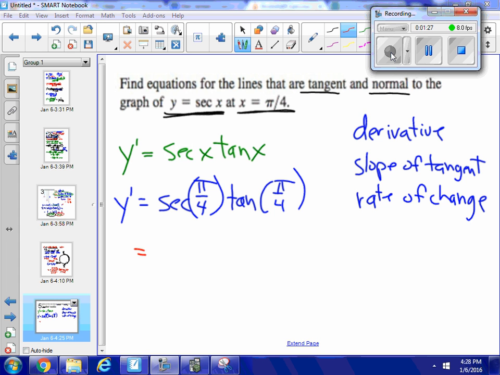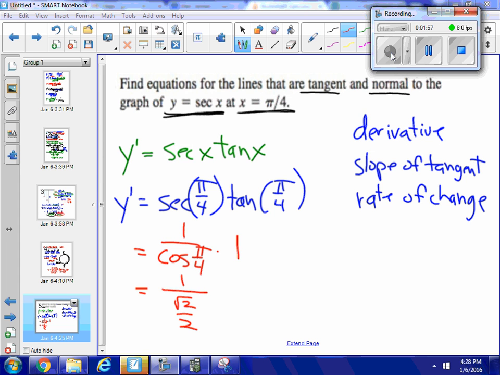Secant is 1 over cosine, so it's 1 over cosine pi over 4 times tangent pi over 4. Since sine pi over 4 is radical 2 over 2, and cosine pi over 4 is radical 2 over 2, this is going to be times 1, because tangent pi over 4 is 1. So this is equal to 1 over radical 2 over 2.